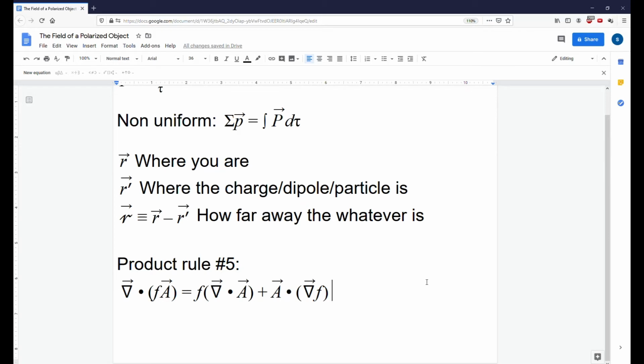If, for example, this were a sphere, with the polarization always pointed radially outward, this would mean there would be a negative charge on the inside of the sphere, the bound volume charge, and a positive charge spread out over the surface of the sphere, the bound surface charge.